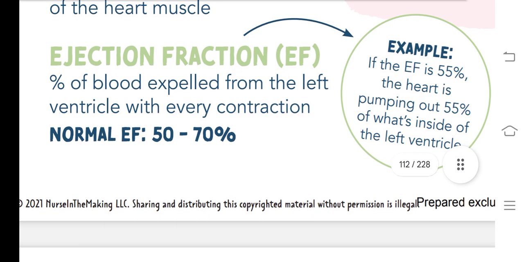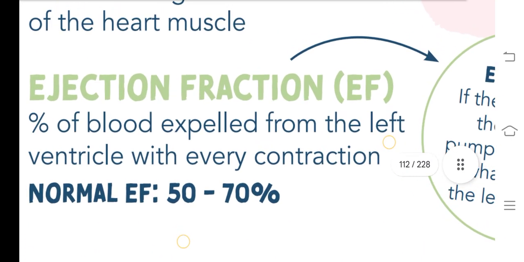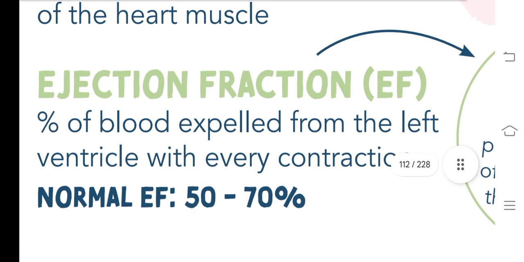Then another term which is ejection fraction, or simply EF. EF is the percentage of blood which is expelled from only the left ventricle with every contraction. So here we are not talking about both ventricles, just the left ventricle.